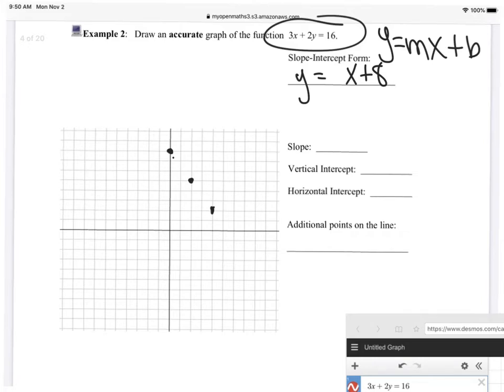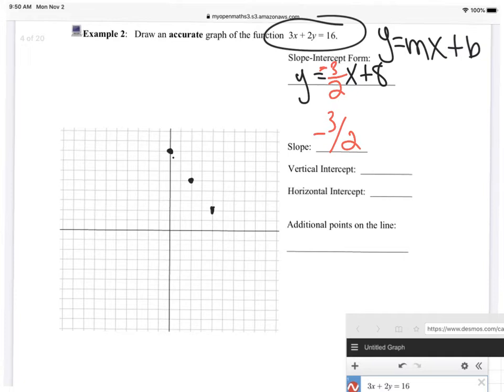If you remember from last year, to find slope from a graph, you can use rise over run. You might notice that this one is not rising, it's falling. But same concept. We can start here and fall and run. We fall 3 and run 2. So our slope is 3 over 2, and that's going to be negative because it's falling. So the slope is negative 3 over 2.